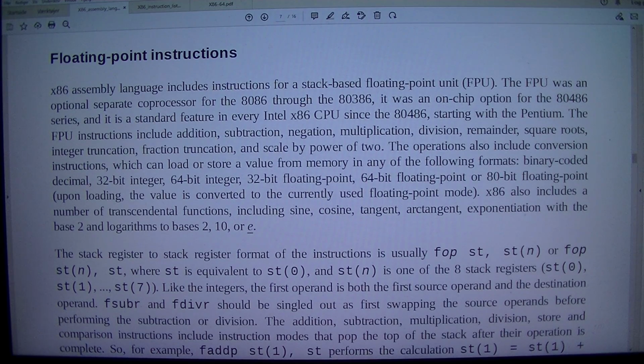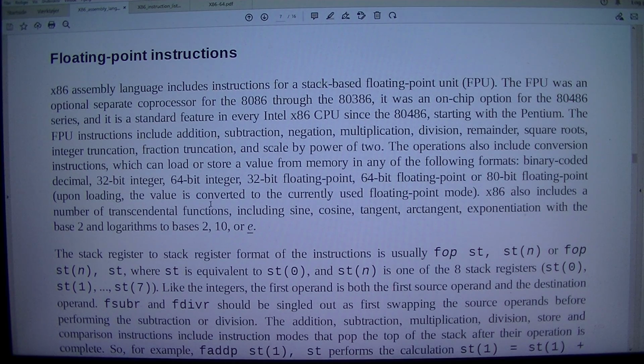The FPU instructions include addition, subtraction, negation, multiplication, division, remainder, square roots, integer truncation, fraction truncation, and scale by power of 2. The operations also include conversion instructions, which can load or store a value from memory in any of the following formats: binary coded decimal, 32-bit integer, 64-bit integer, 32-bit floating point, 64-bit floating point or 80-bit floating point.